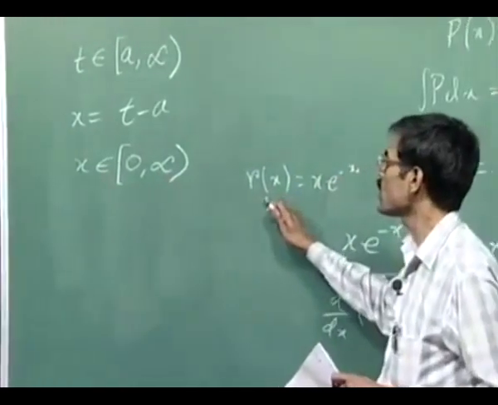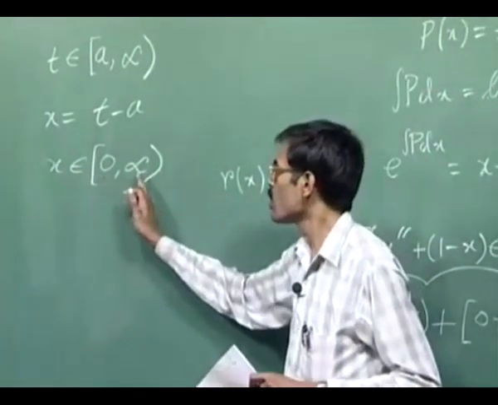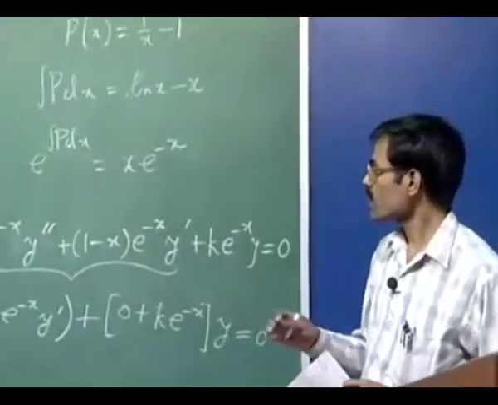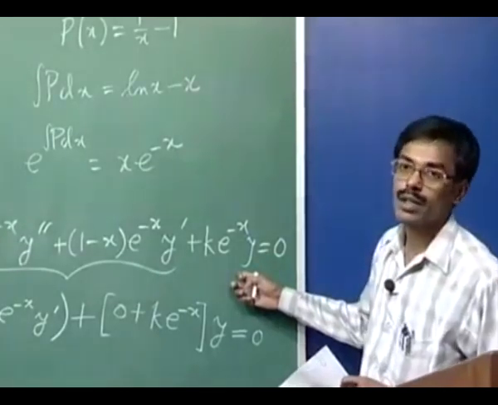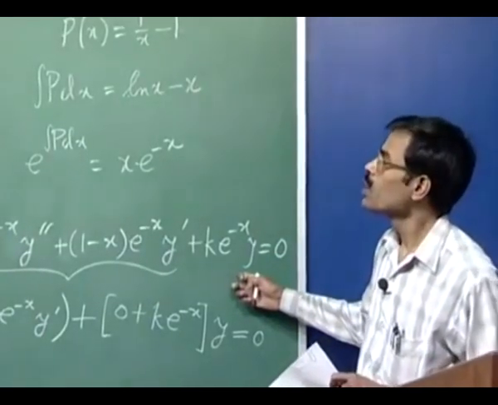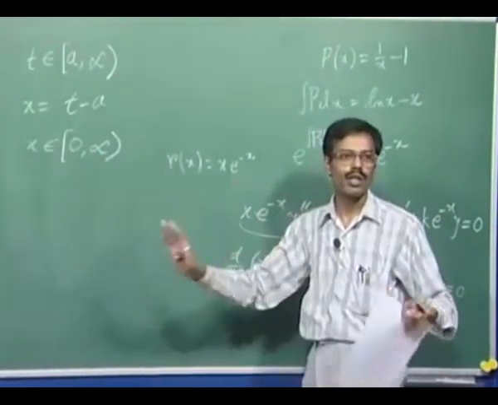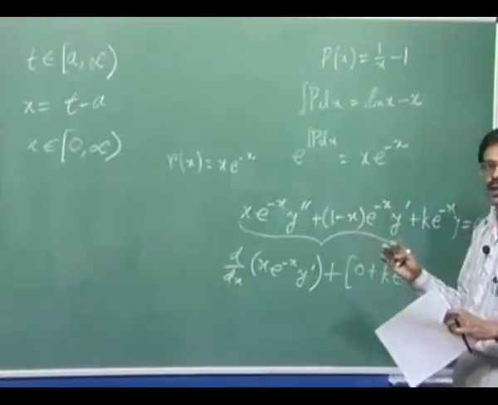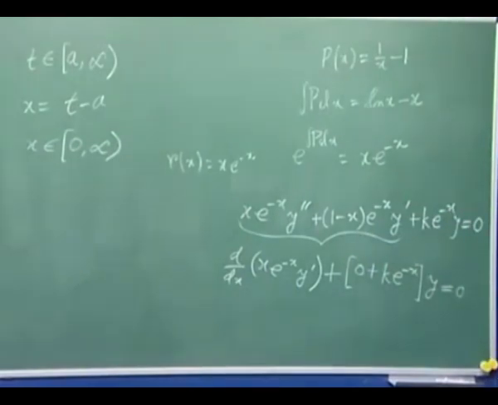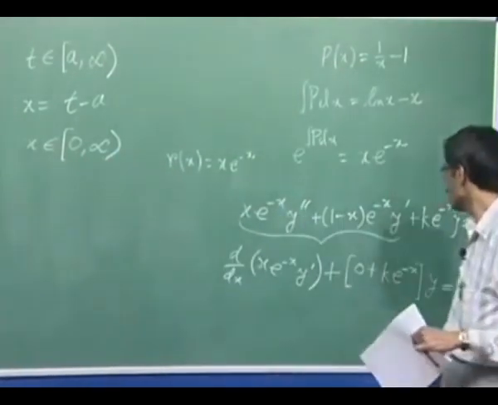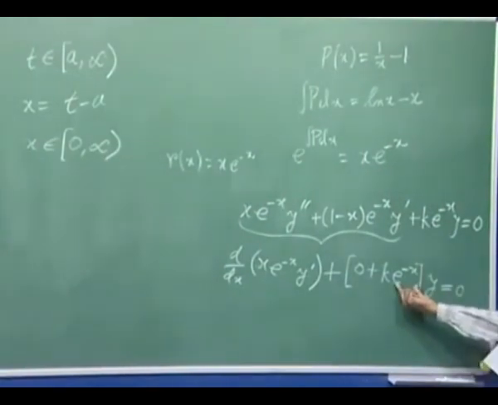Now, since r x is 0 at the two endpoints of this interval, that means that this differential equation will define a singular Sturm-Liouville problem over this semi infinite interval with no boundary conditions necessary. And therefore, its solutions, the Laguerre polynomials, will be mutually orthogonal over this interval with respect to the weight function p x, which is e to the power minus x here.